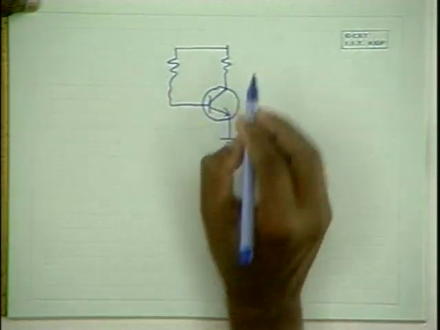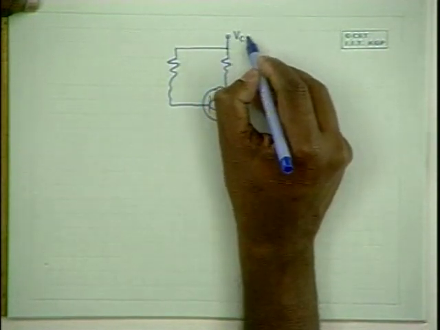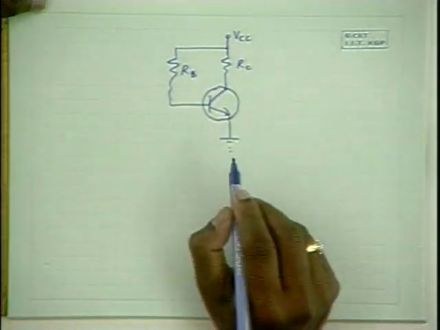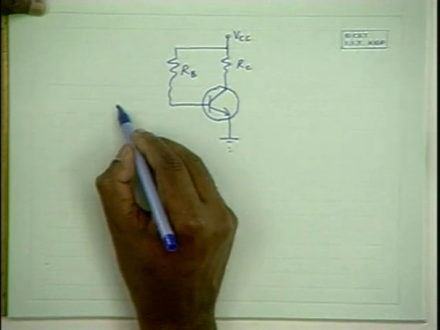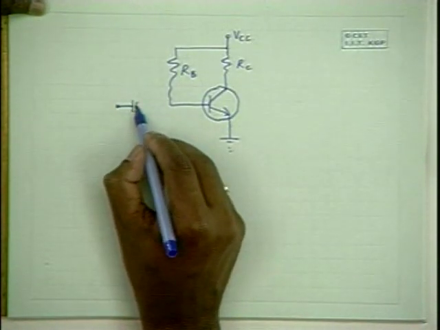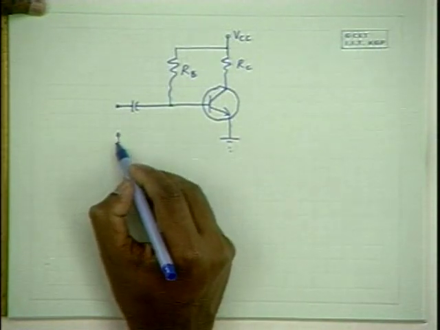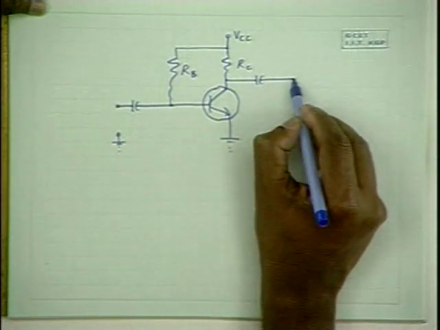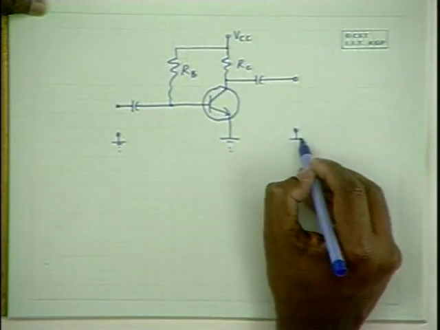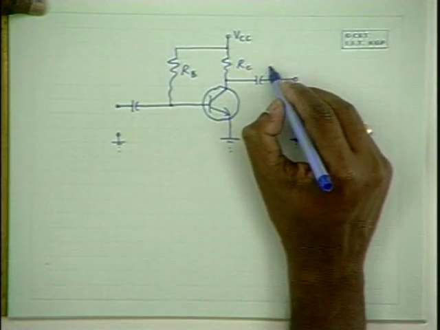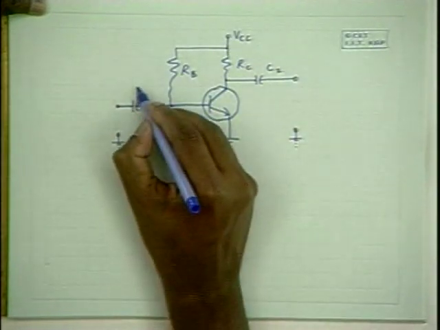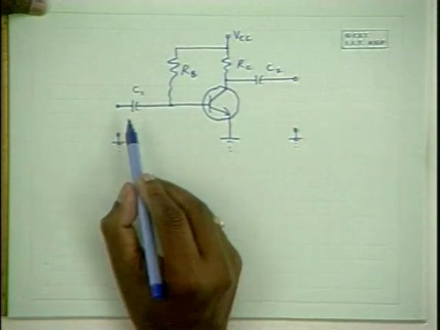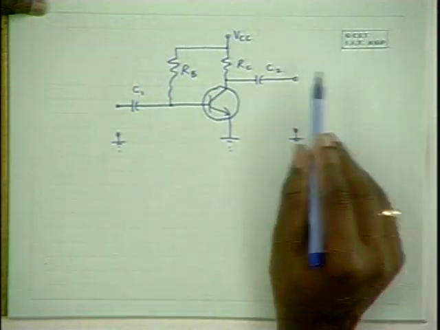A circuit of this type can be used as an amplifier because it biases the transistor in the active region, and we can apply an input signal to it through a coupling capacitor, and we can take the amplified signal from the collector or between the collector and the ground through another coupling capacitor.